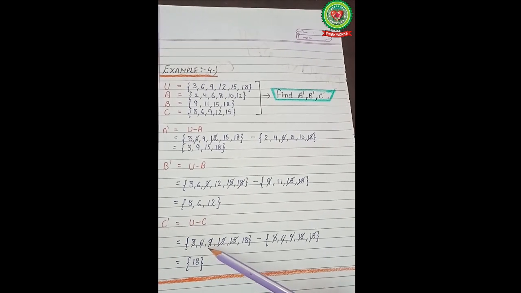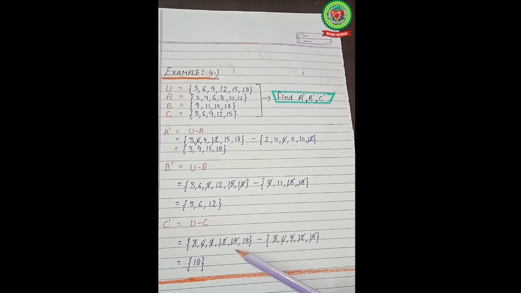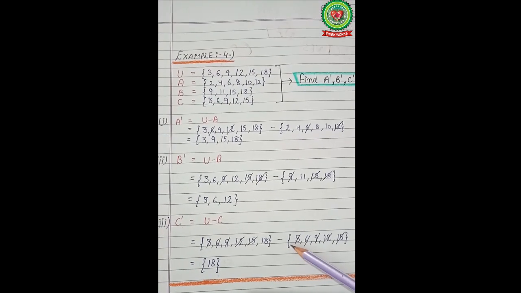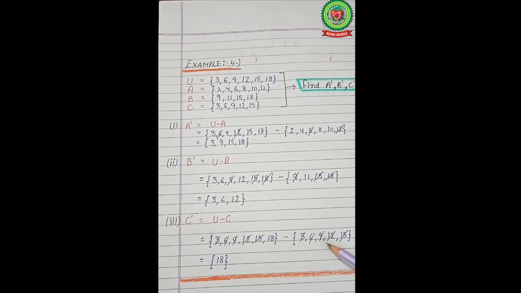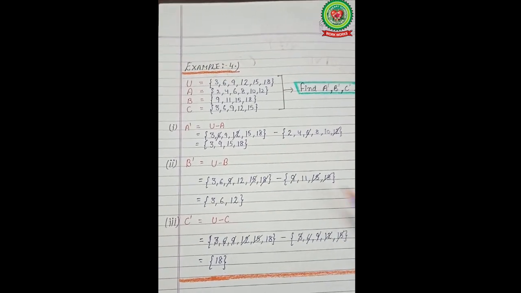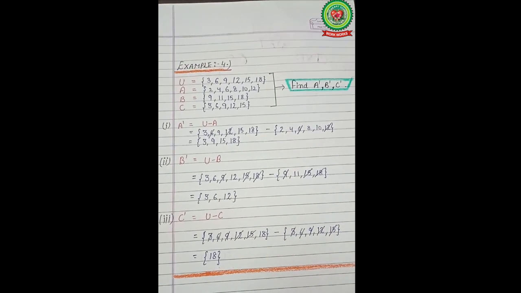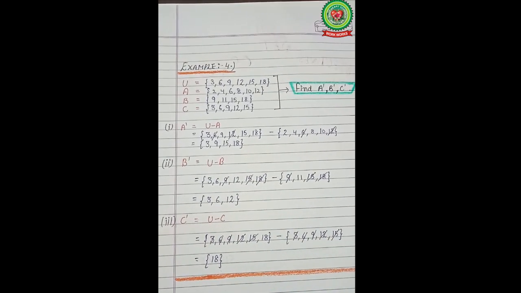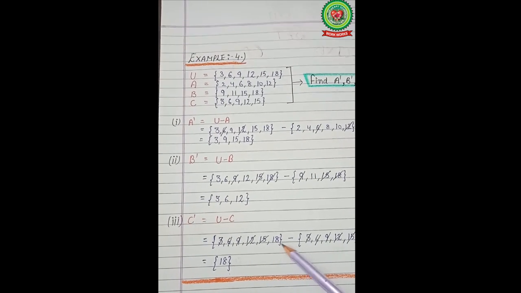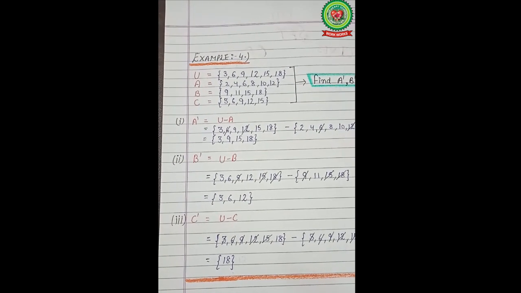Again 6, 9, 12, 15. All these elements are already present in C set, that is 3, 6, 9, 12, 15. We have already cut all these elements, right? So now we are left with what? We are left with only this single element, that is 18.